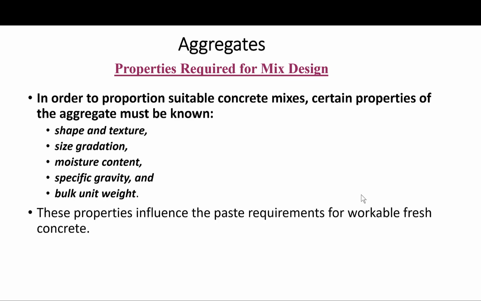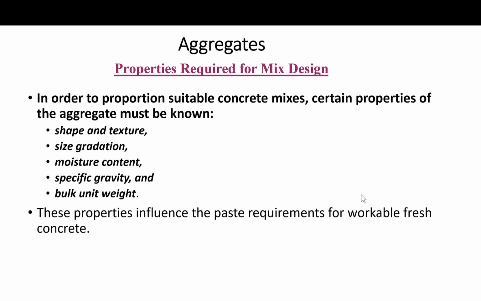Okay, so let's look at the properties required for mix design for the aggregates. In order to proportion a suitable concrete mix, certain properties of the aggregate must be known, such as the shape and texture, the size gradation, moisture content, specific gravity, and bulk unit weight.